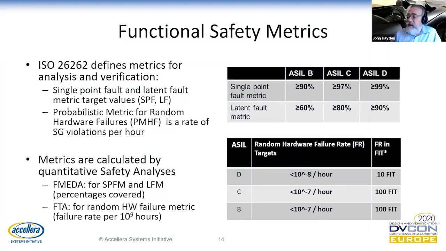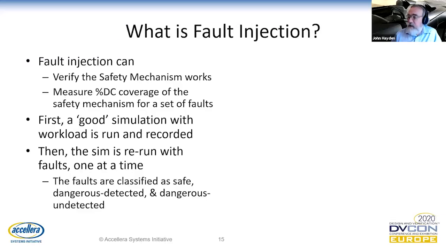Now, the calculation of these metrics is done by a variety of analysis techniques, but most commonly by fault injection. And I'll just briefly touch on what this is. Fault injection can be used in two ways. One is just to verify, does the safety mechanism work at all from a DV standpoint, but then also used to measure the percent coverage of those metrics that I just showed you.